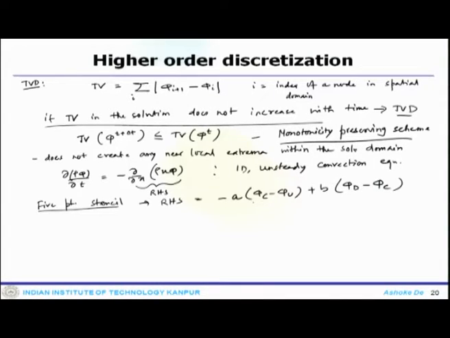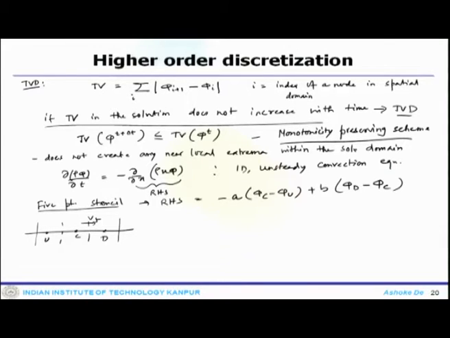Okay. Now, one can see this, if this is c and the velocity direction is this way, this is upstream, this is downstream. So, that is how it is represented.